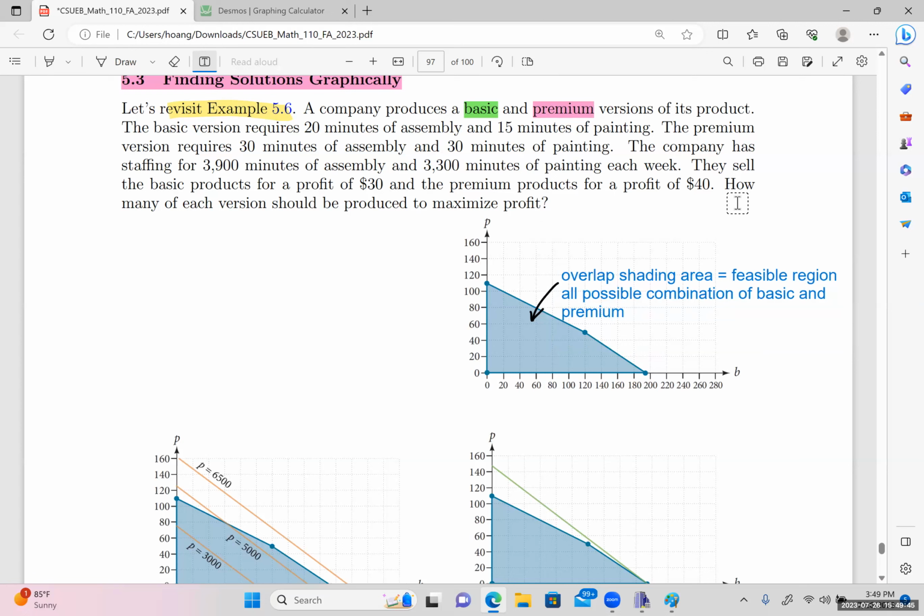Keep in mind that now we have a new name for this area that we call the feasible region.